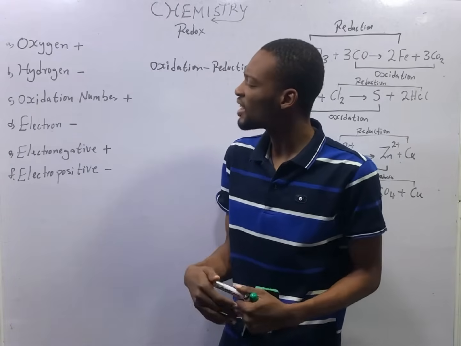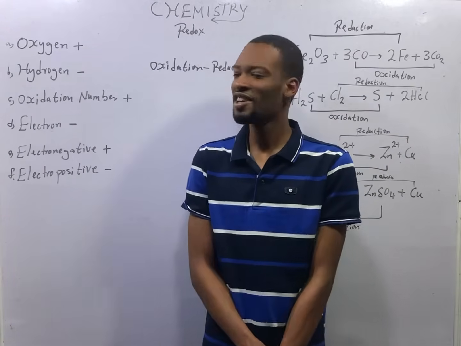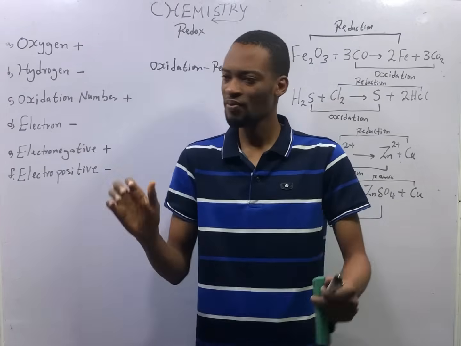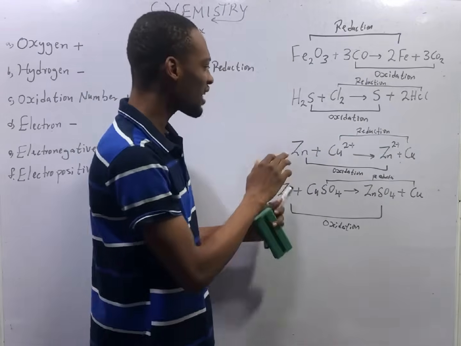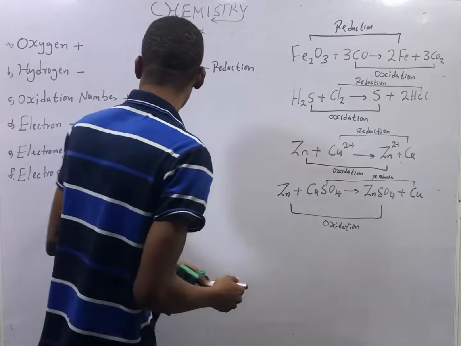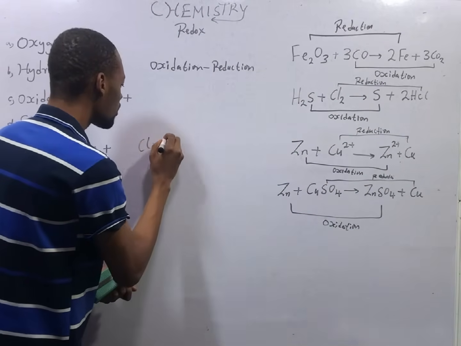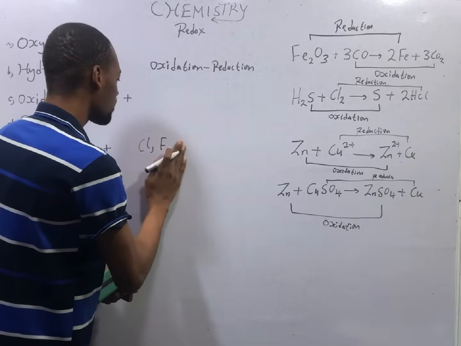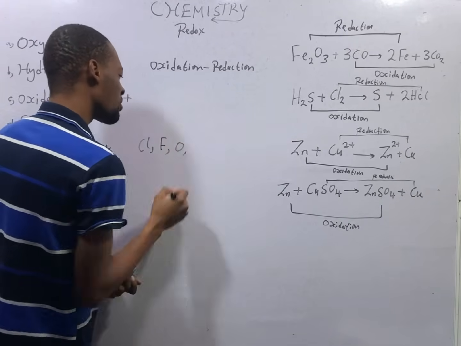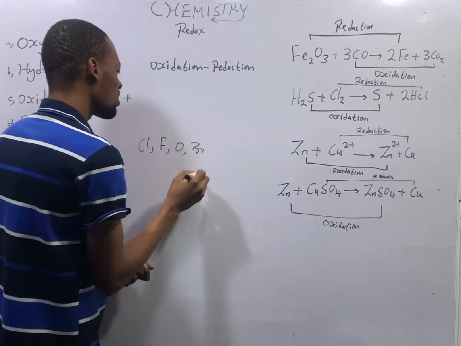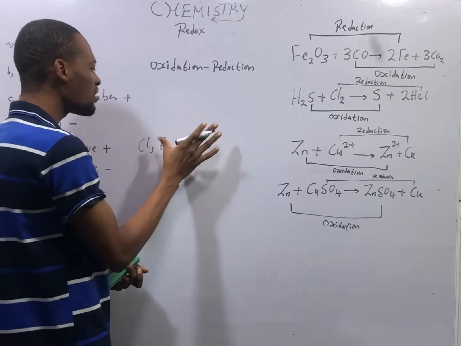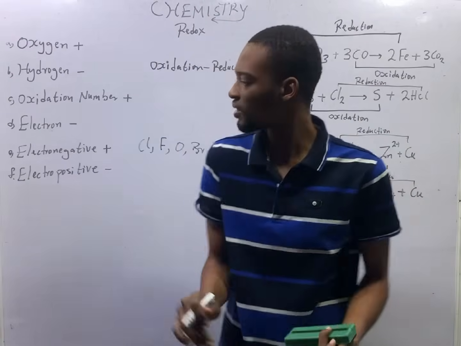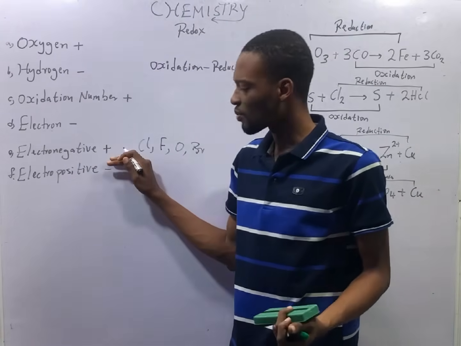In terms of electronegative species, oxidation is the addition of electronegative elements. Anytime you see that from the reactant, then you go to the product, you see something like chlorine, fluorine, oxygen. Oxygen is also electronegative, bromine, so on. All these electronegative elements, when they are being added to an element or to a compound, that is oxidation.